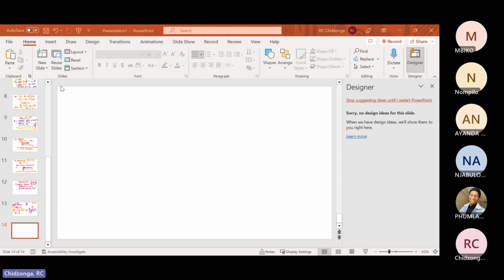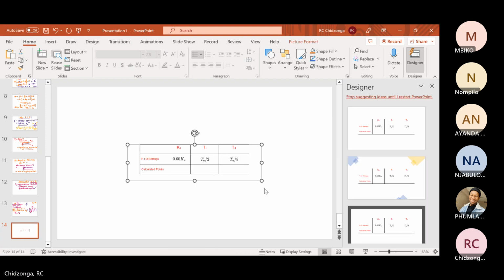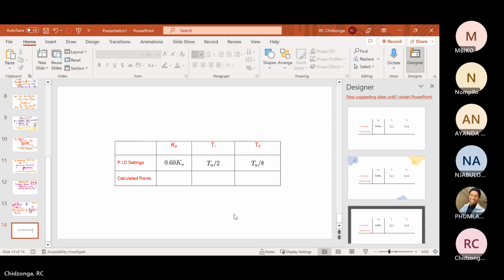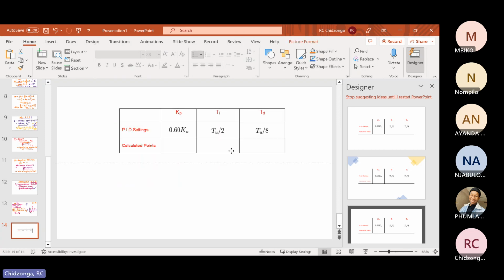I'm copying something I want to show you from somewhere. Right. I'm sure you can all see the table that I have.